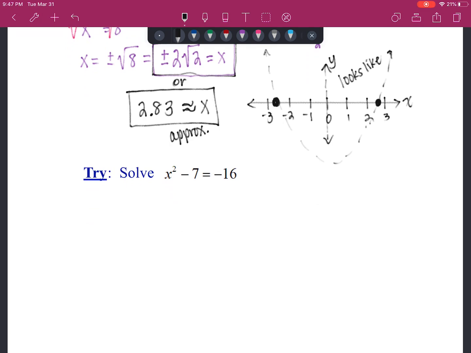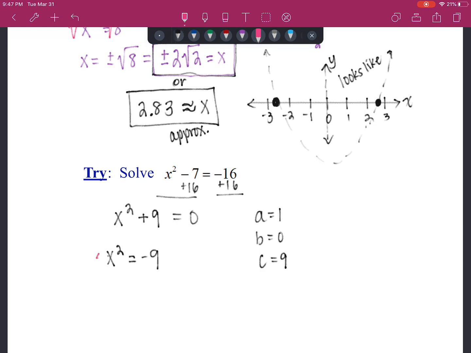Okay, here's another try. We're going to put this in standard form, so we're going to add 16 to both sides. x squared, when I add 16, I get x squared plus 9 equals 0. A equals 1, B equals 0, C equals 9.